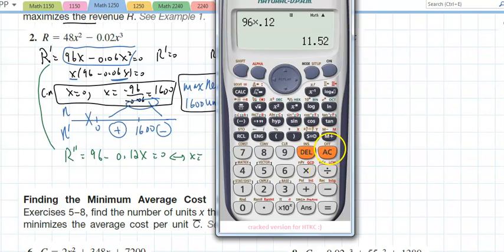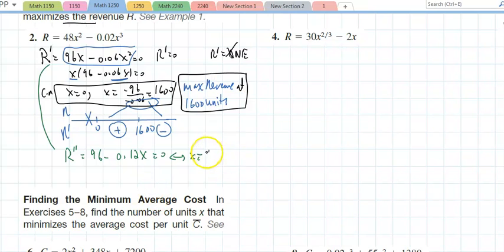Something's not right. 0.12. If I take 96 divided by 0.12, 800. Okay, that's more like it. 800.